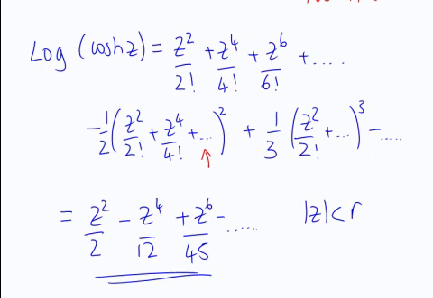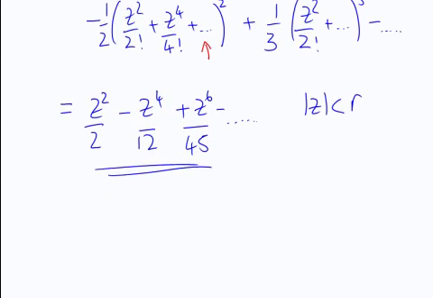If we now look at the second function, f of z equals tanh of z, what I'm going to do here is use the differentiation rule, which basically allows me to differentiate both sides of a Taylor series in order to obtain another one. There's slightly more to it than that, but in an informal way that is what we're doing.